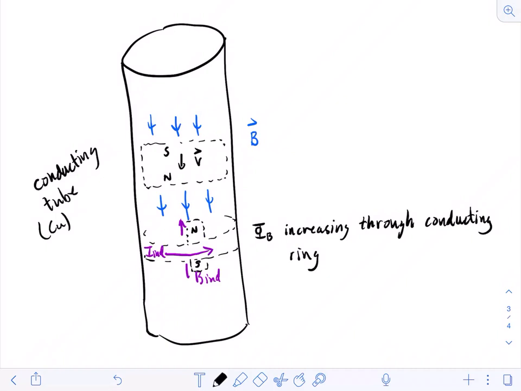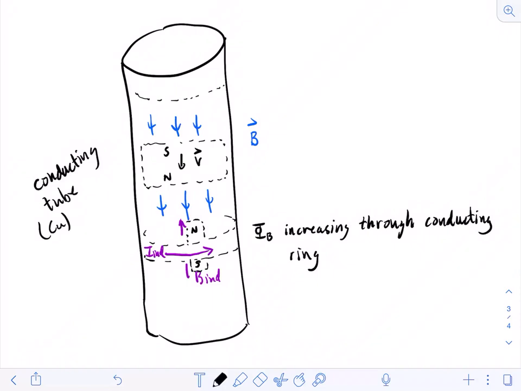And so now we have a north pole of our current ring facing the north pole of our falling magnet. And so those two oppose each other. And so this ring of current is going to oppose the motion of the magnet, which is falling down due to gravity.